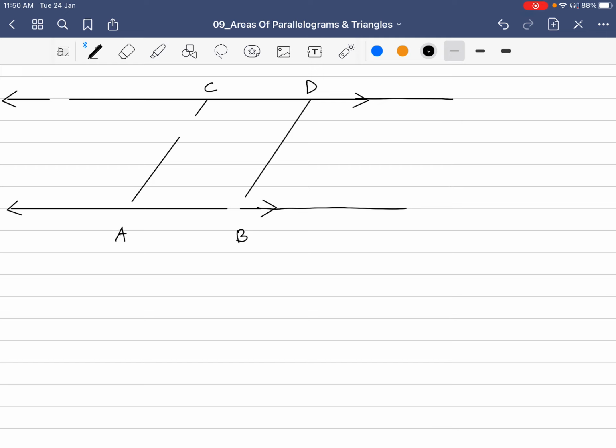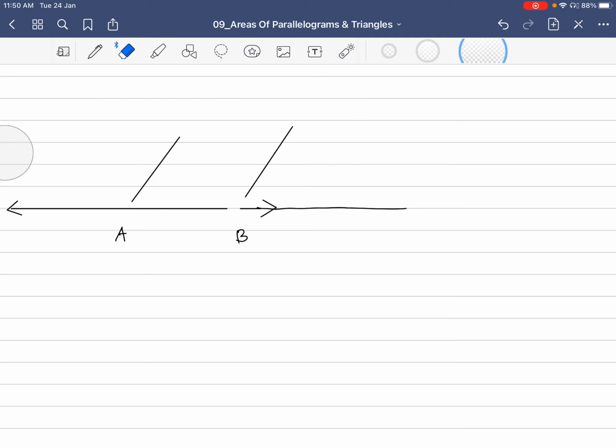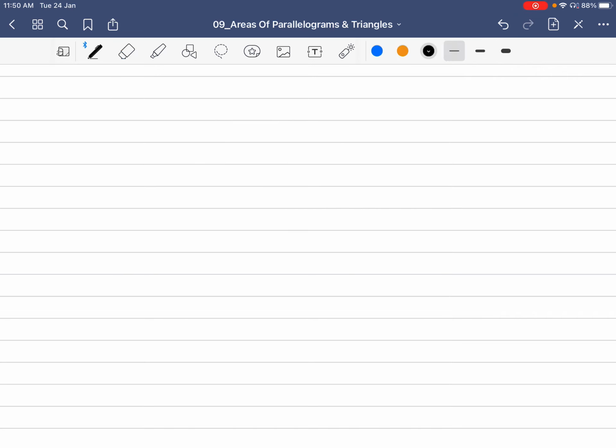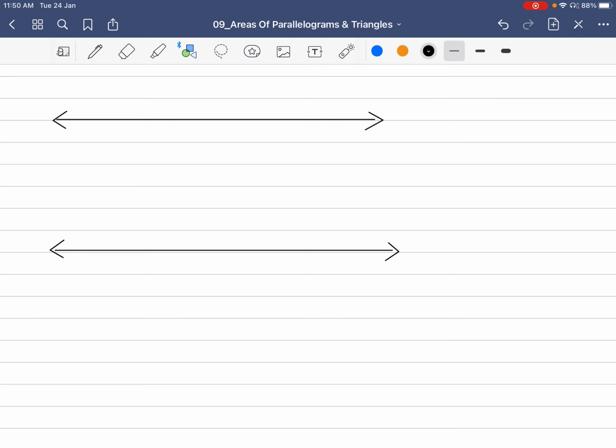Let's erase this whole thing quickly, and let's construct these two parallel lines. This is the first parallel line. This is the second parallel line. And then we have this as our parallelogram.